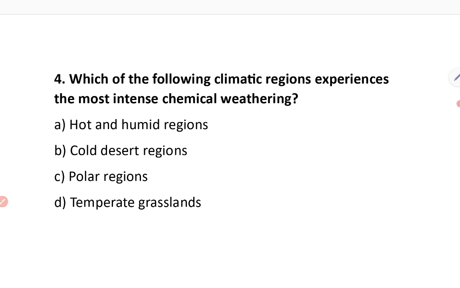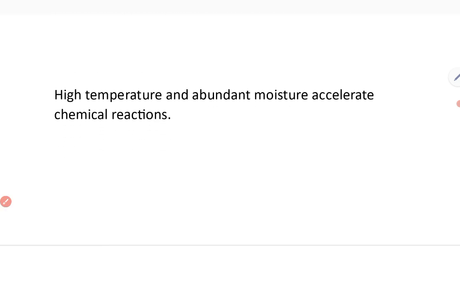Chemical weathering requires hot temperature and high rainfall; a humid environment is a prerequisite for chemical weathering. So a hot and humid region would be the correct answer. So the fourth answer would be A.